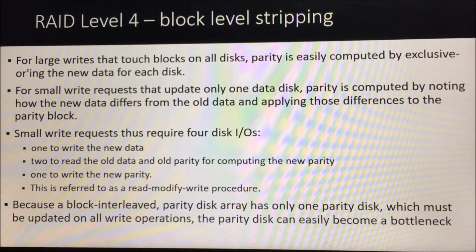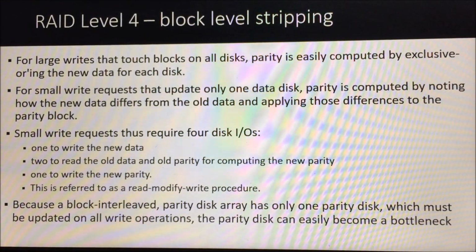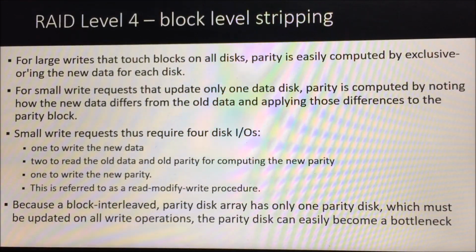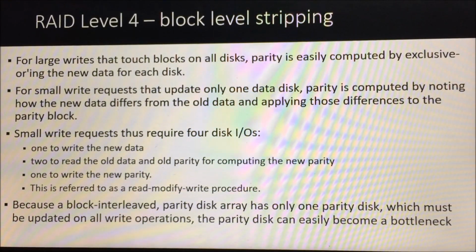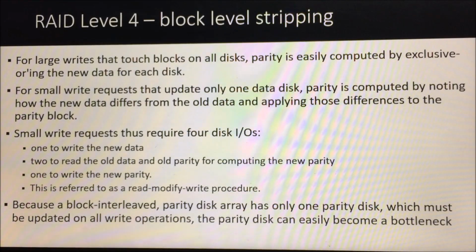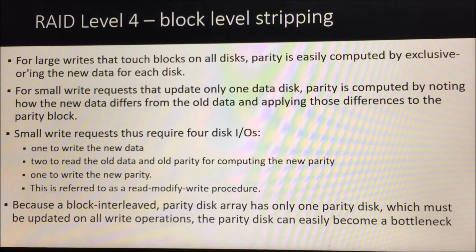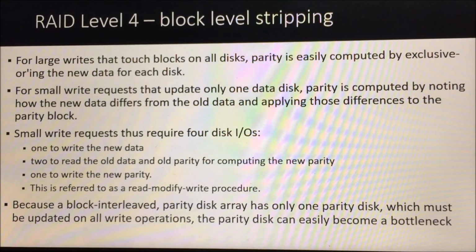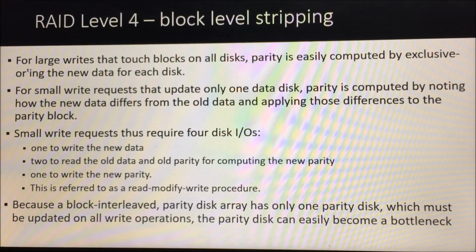So what happens in the case of a small write request is we require 4 disk accesses. One is to write the new data, 2 to read the old data and the old parity for computing the new parity, and 1 to write the new parity.